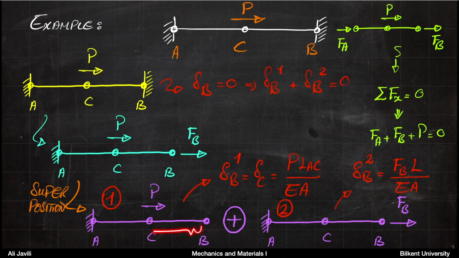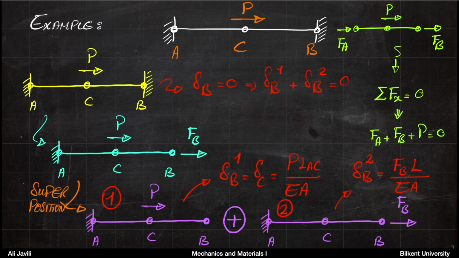So you don't get additional extension or compression between B and C because there is no force. So delta B1 is equal to delta C, and delta C is P LAC divided by EA.